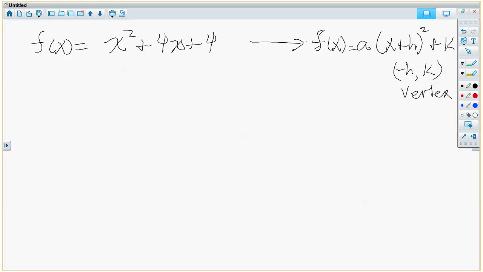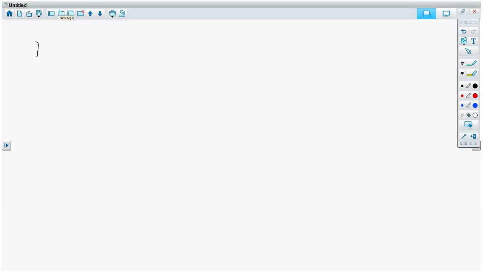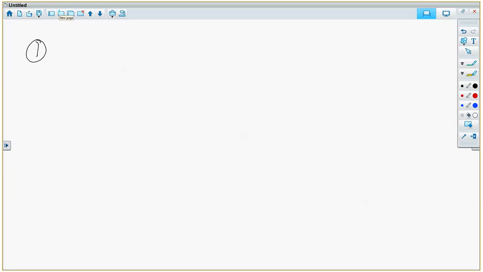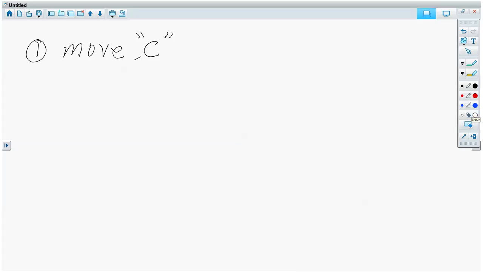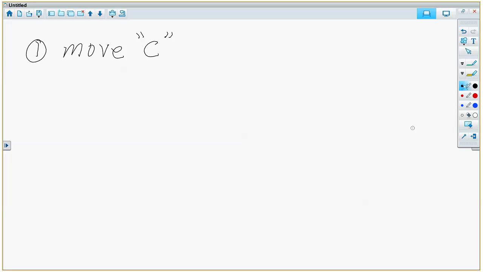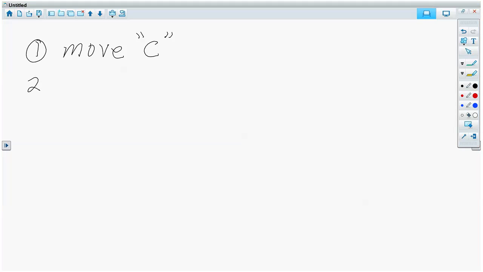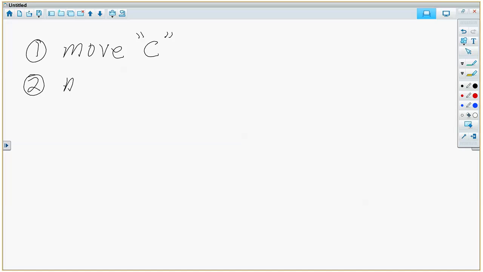Now, what do you do first? Well, we'll go to another page. The first thing you do with completing the square, one, move C. Of course, students go, which way do we move it? Well, just wait. Two, add blanks on both sides.